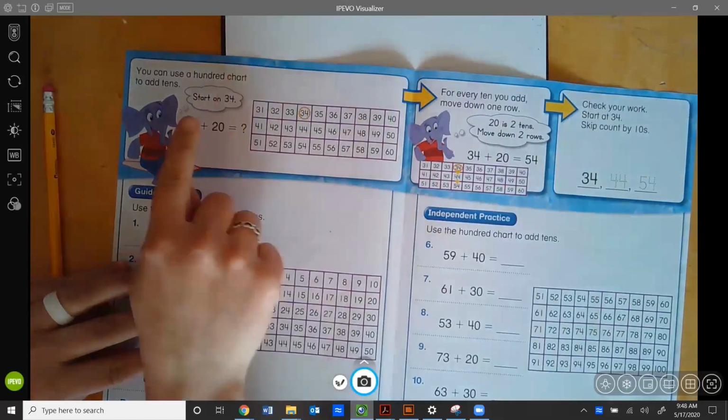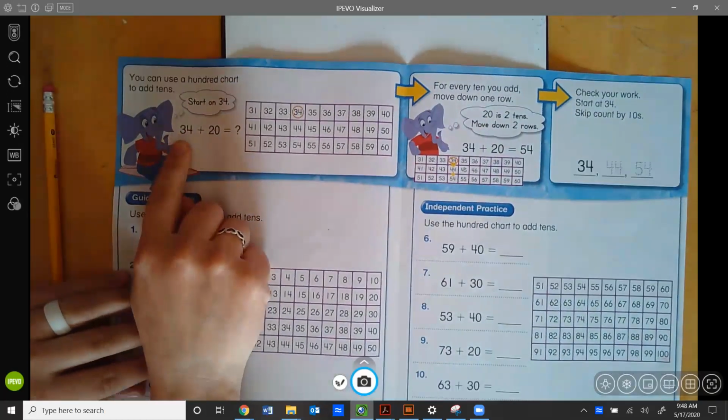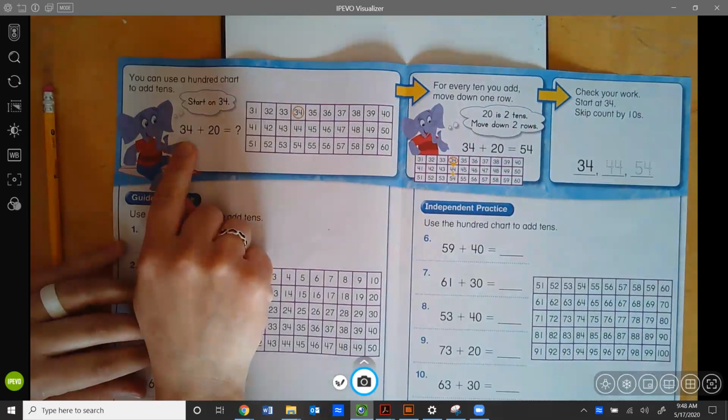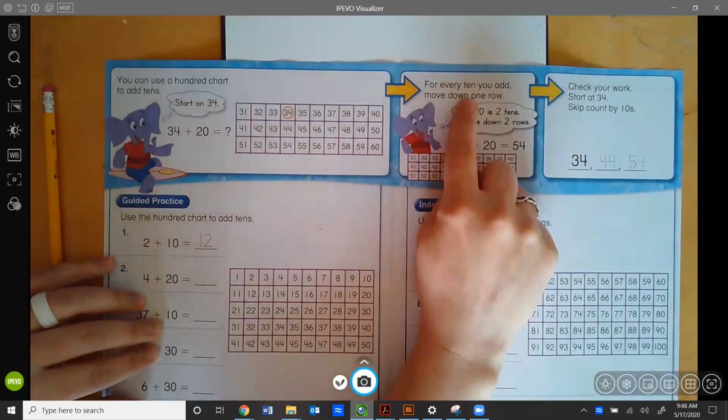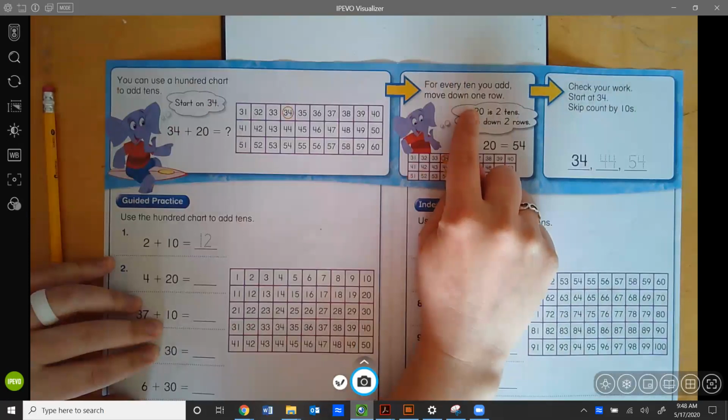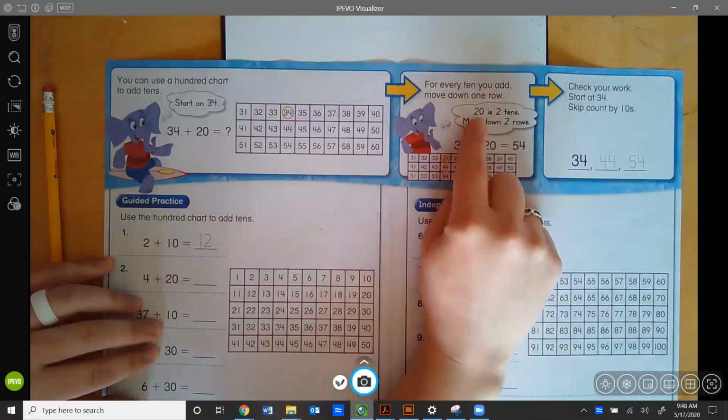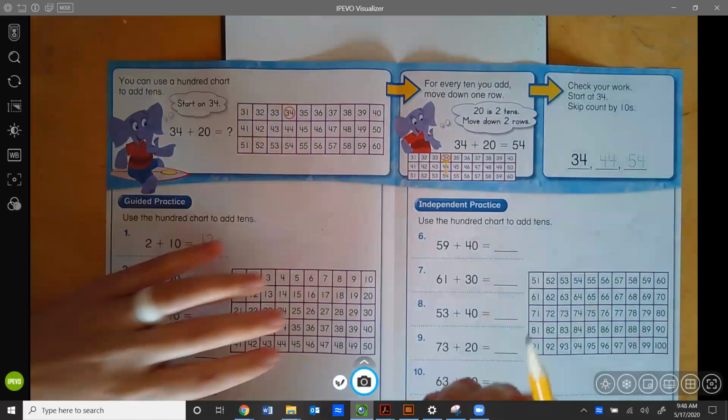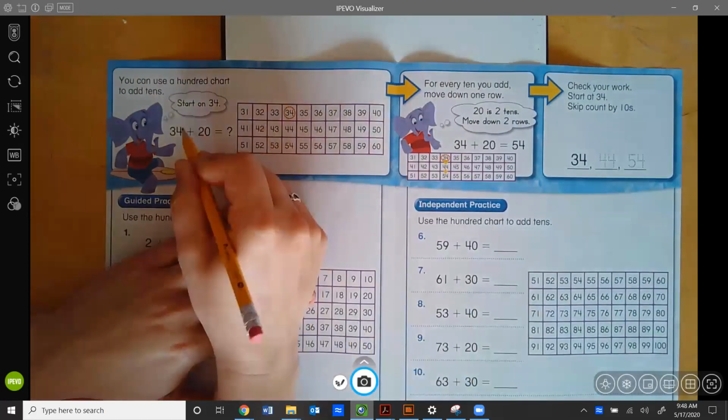How you start on a number, in this case 34, and then for every 10 that you add, you're going to move down 1 row. So let's take a look at how they're doing that. So they're starting with the number 34.